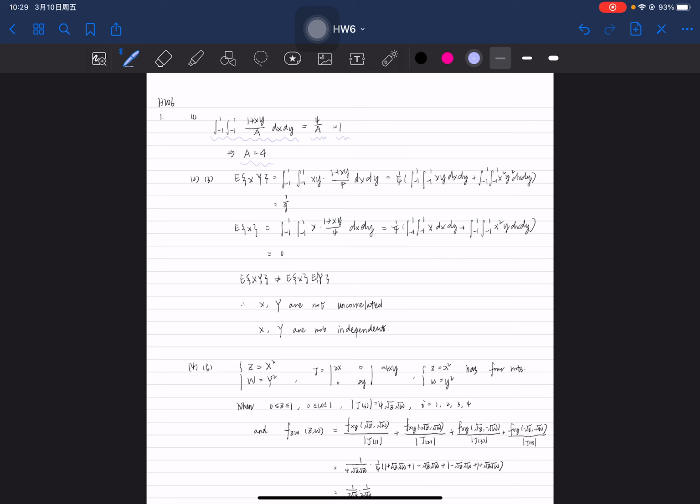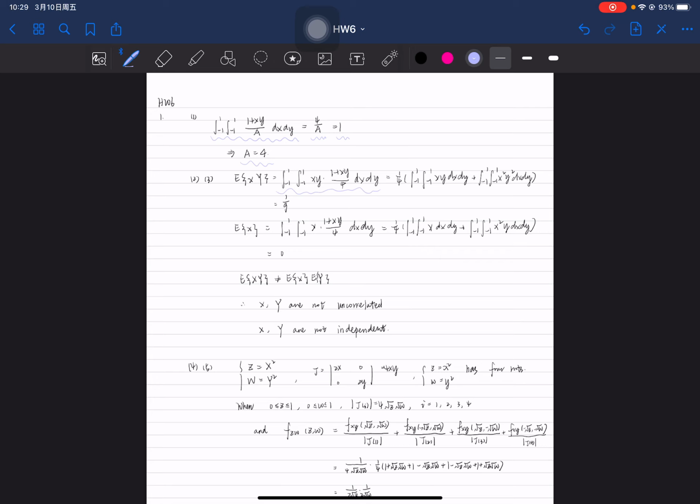Firstly, we can calculate the expected value of the product of X and Y, which equals the double integral from -1 to 1 of xy times (1 + xy)/4 dx dy.